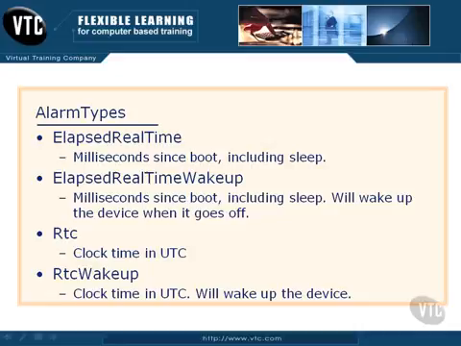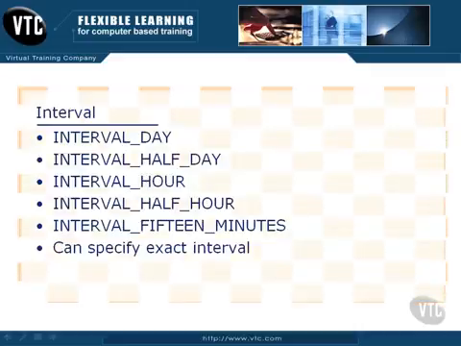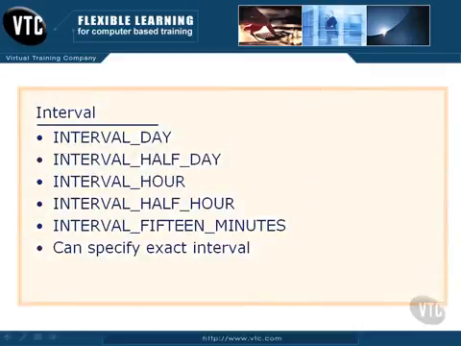RTC is a real-time clock, and it will use the clock time. RTC wake-up is again the same as the regular RTC, but it will also wake the device up. There are some predetermined constants for the intervals, but you can also specify your own exact time interval.